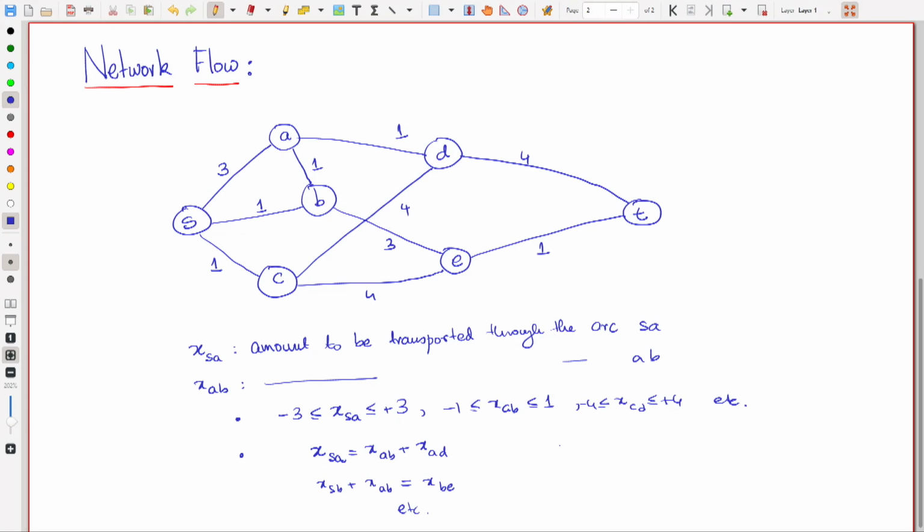So, you get a bunch of equalities, a bunch of inequalities, and the objective function is maximize z equal to, let us say, x S A plus x S B plus x S C. Because nothing is being stored at the intermediate nodes, you will find that this is also the same as x D T plus x E T, everything goes through. So, this is another example of a linear programming problem.